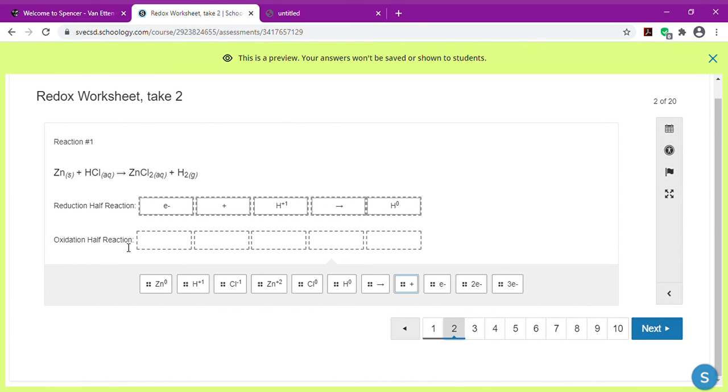Okay, oxidation. Who did I say was oxidized? Zinc. Okay, zinc starts as 0. And then he goes up in charge to zinc positive 2. Okay, add electrons to the side with the higher charge. Or I'm thinking LEO, loss of electrons is oxidation, so they should show up on the right. I'm going to guess 2 electrons.